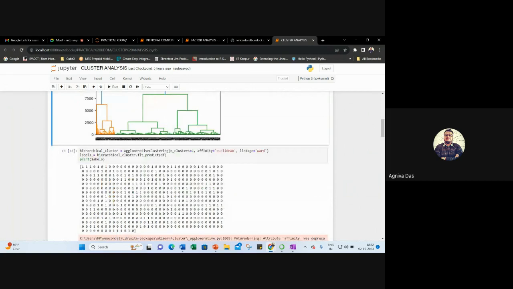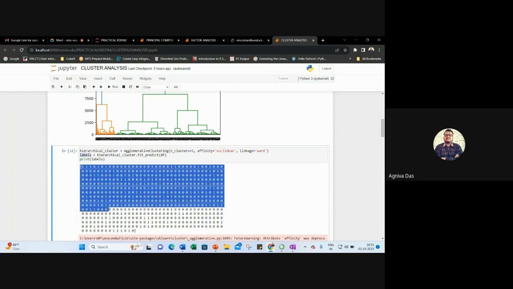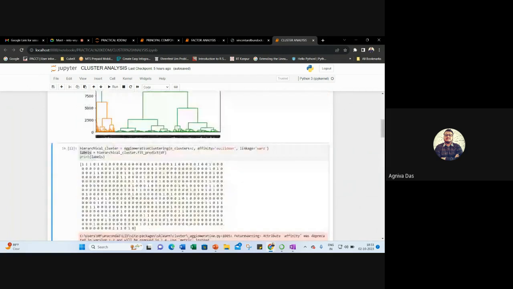So based on that, here we are simply taking the predicted value of the fit, which means for every row in df, what cluster should be assigned, right? And the labels we are saving under labels, and then I'm printing them here. So what does this mean?